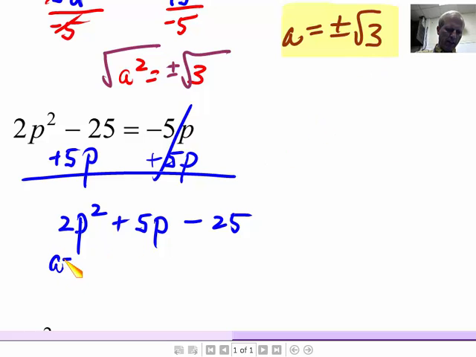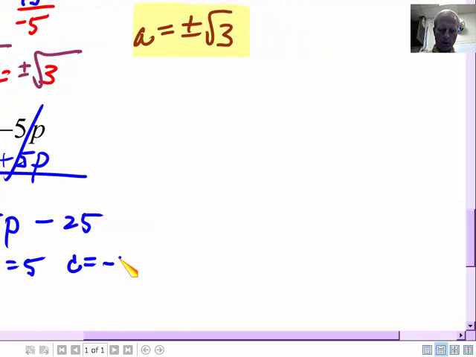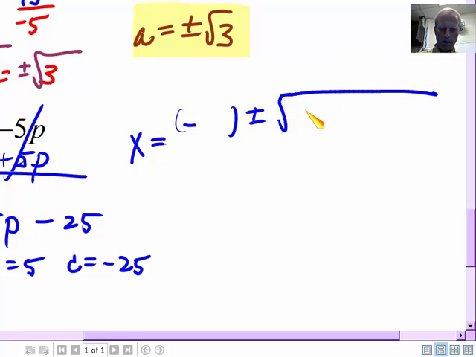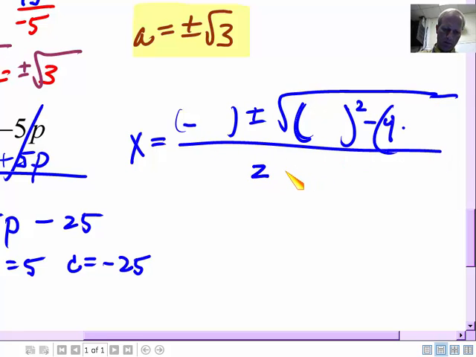My a value would be 2, my b is 5, and my c is going to be -25. So I'm going to fill in the template for the formula, and then fill in the numbers after that.